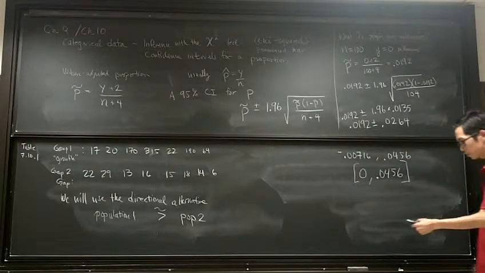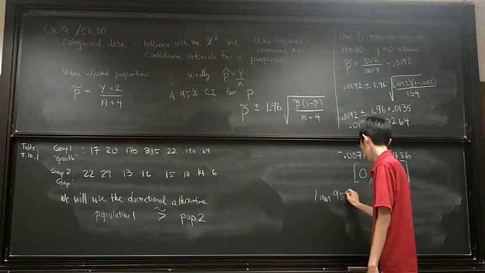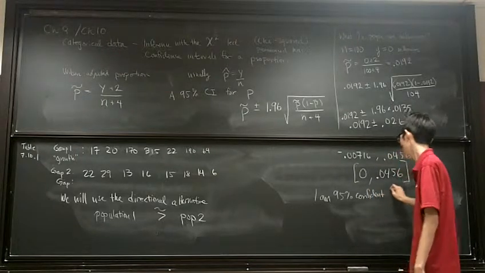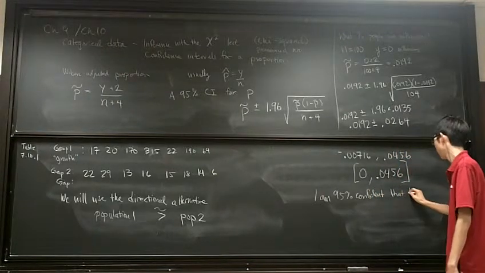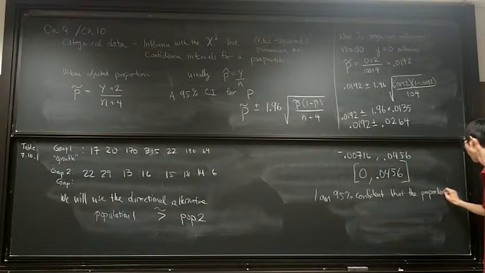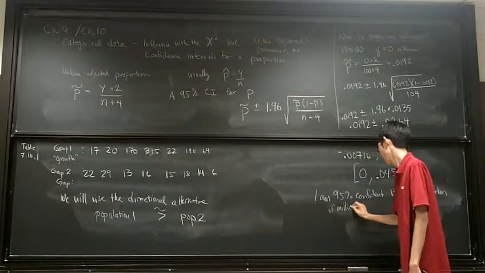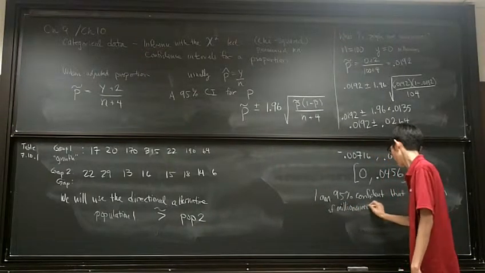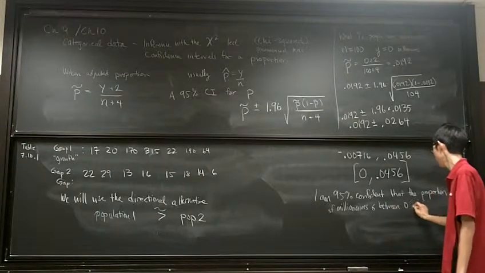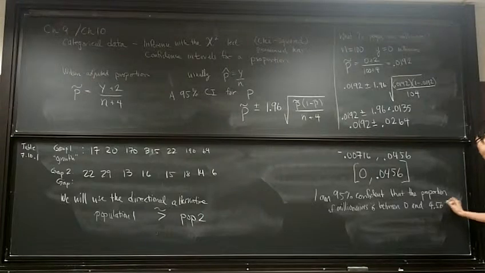And I would say I am 95% confident that the proportion of millionaires is between 0 and basically 4.56%.